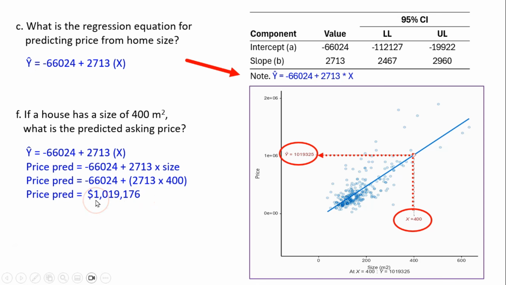We calculated an answer of 1,019,176, and ESCI calculated an answer of 1,019,325. So it's definitely close enough. So there's your picture of what we did over here on the left.